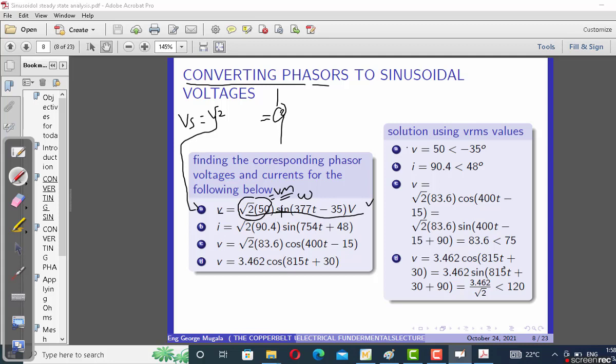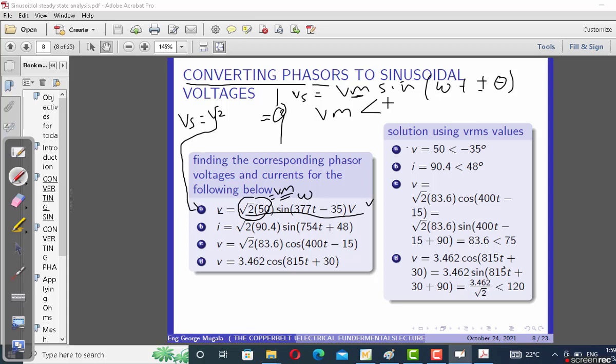But because calculations are mainly done in RMS values, though they can also be done in amplitude values, we can say that to convert this into polar format, if we have Vs equal to Vm sine omega t plus theta, for example, and we need the results in amplitude format, then you just get the Vm, the amplitude value, and the angle.